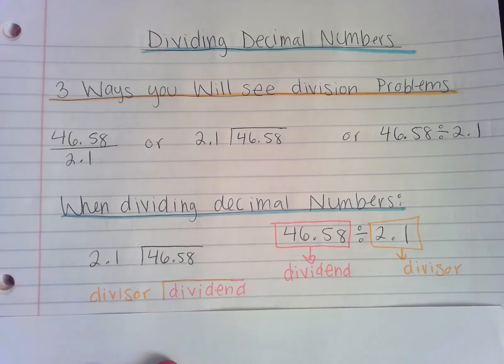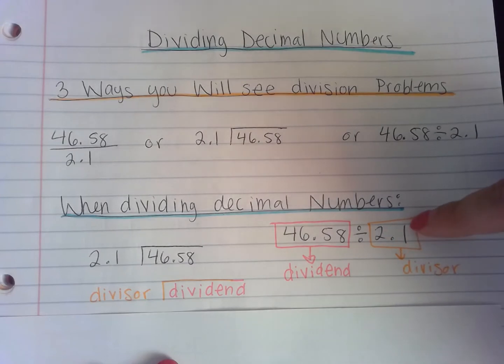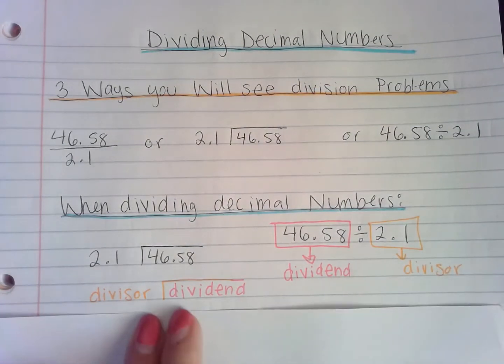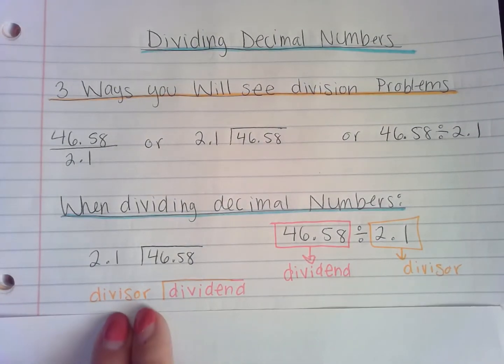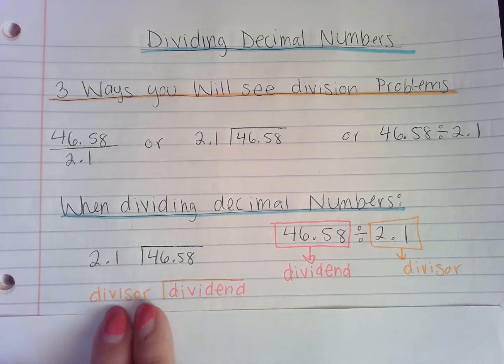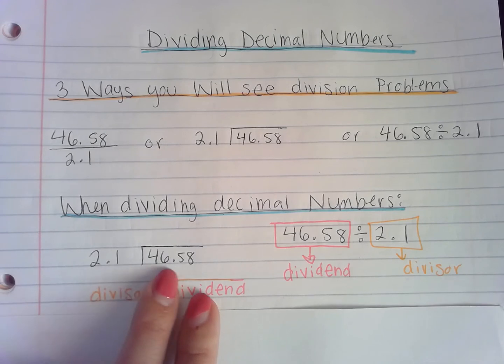That's the number that is being divided up. And 2.1 is the divisor, so it's the number that you're dividing by. When you put it into long division form, the divisor goes outside and the dividend goes inside. So I'm dividing this into that, and that's what it looks like, 2.1 into 46.58.